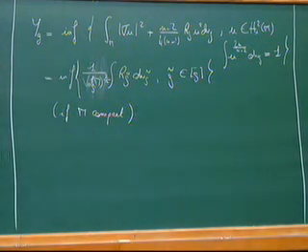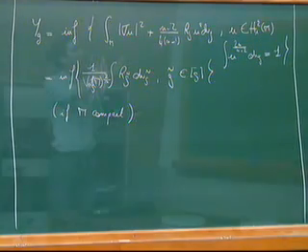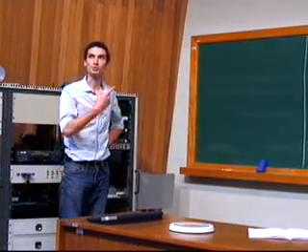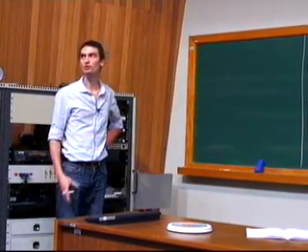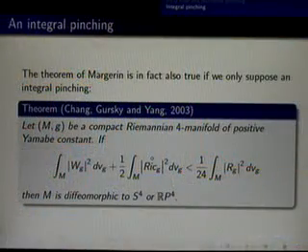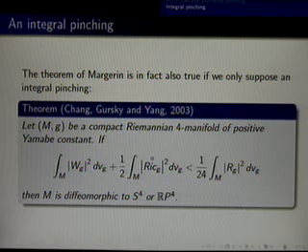So one of the interests of this theorem is that it is conformally invariant. The assumption, according to the Gauss-Bonnet formula in dimension 4, will remain after a conformal change of the metric, and the assumption of positive Yamabe constant also remains after a conformal change of the metric. So you can perform a conformal change on the metric before starting the flow.